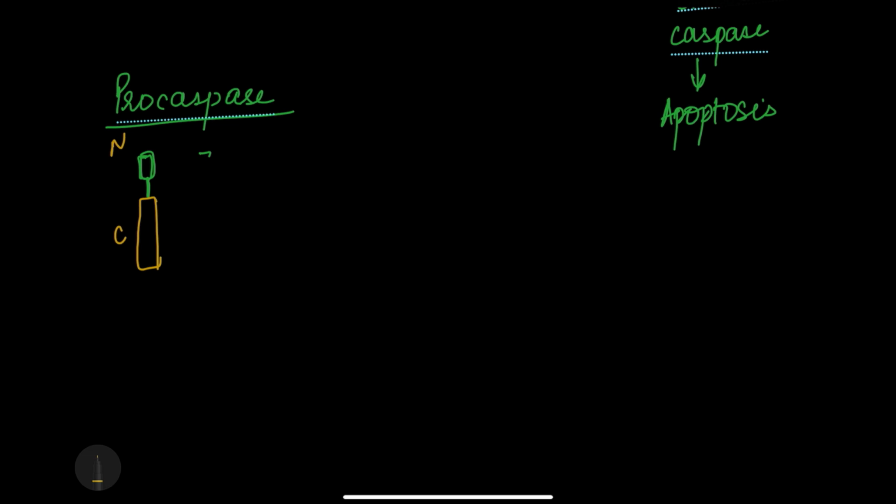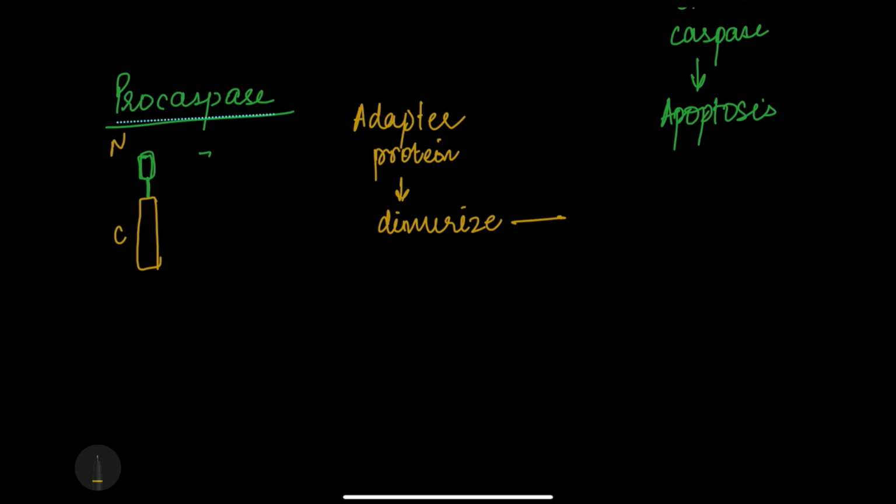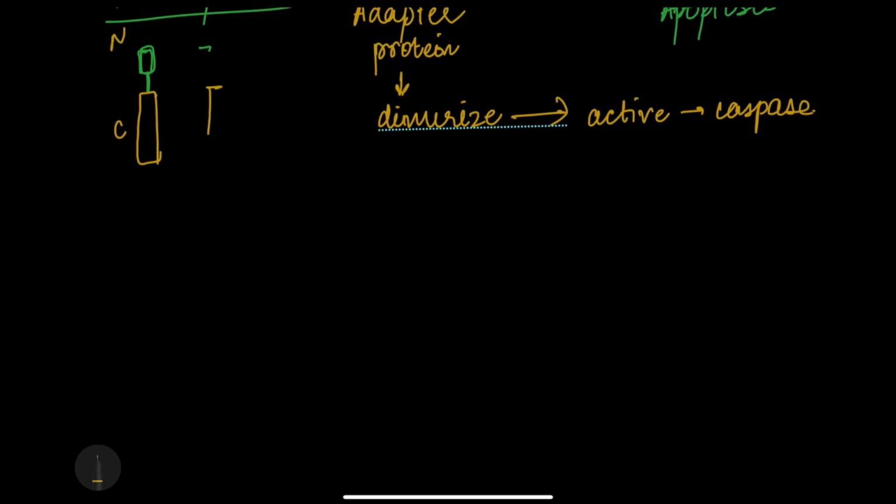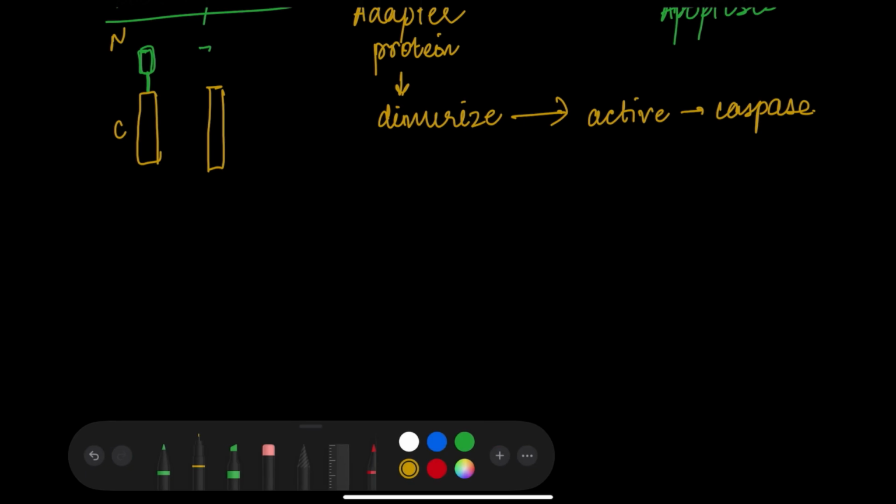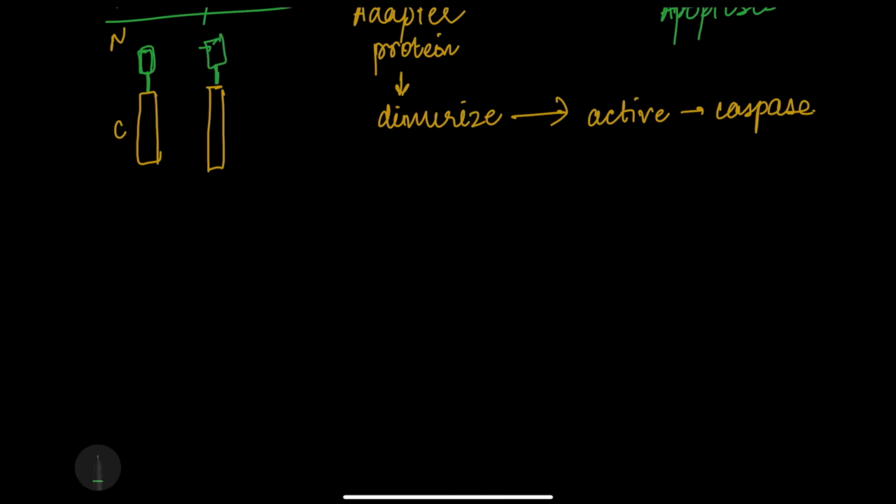Then comes an adapter protein which leads to binding and helps in dimerization. After dimerization it becomes active. That is, procaspase turns into caspase. Let's see how. See, for example, this is a procaspase.